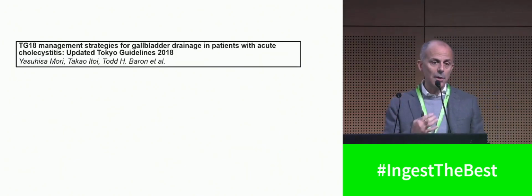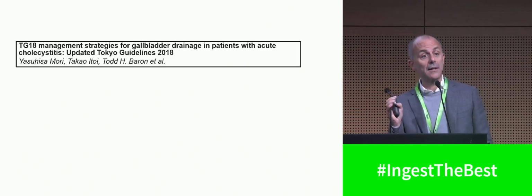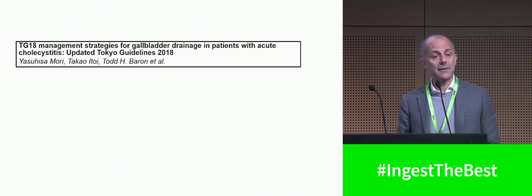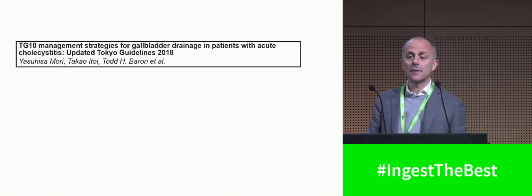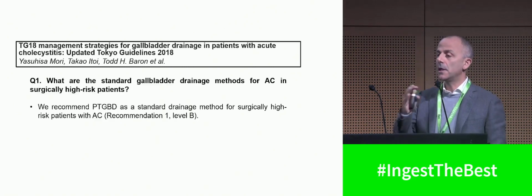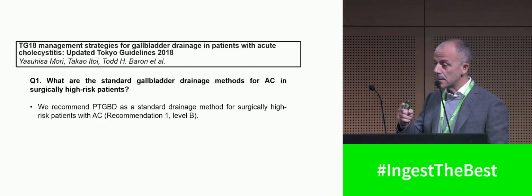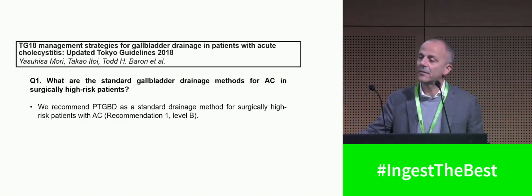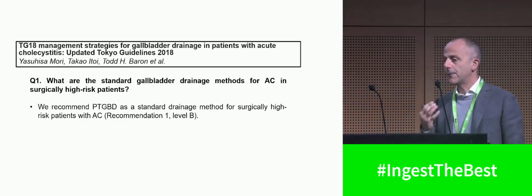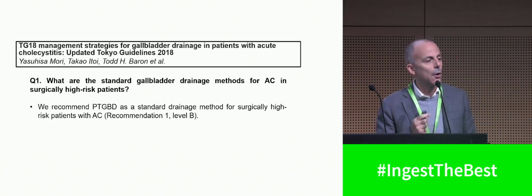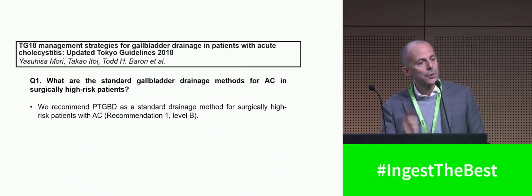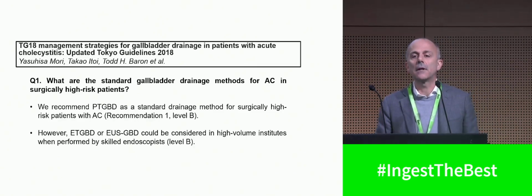Basically, the revised Tokyo guidelines tell us that in case of fragile patients, the percutaneous approach is the solution. But, and this is the new thing of the revised Tokyo guidelines, if you have the availability of an endoscopic approach, you can go for it, either transpapillary or transmural.